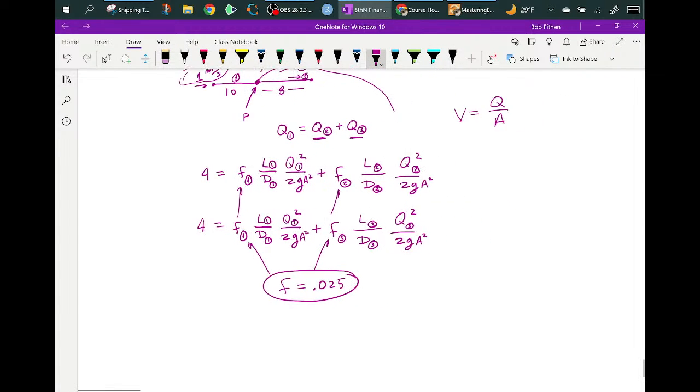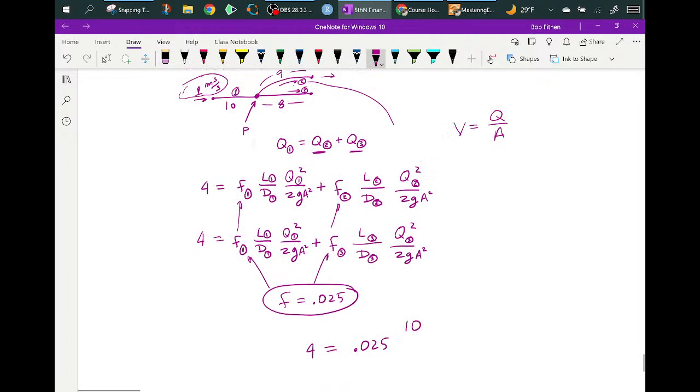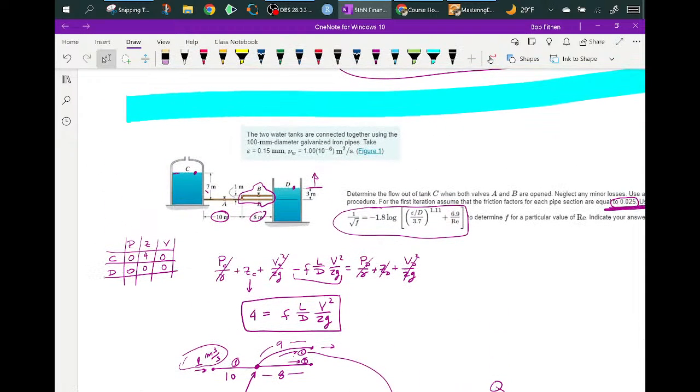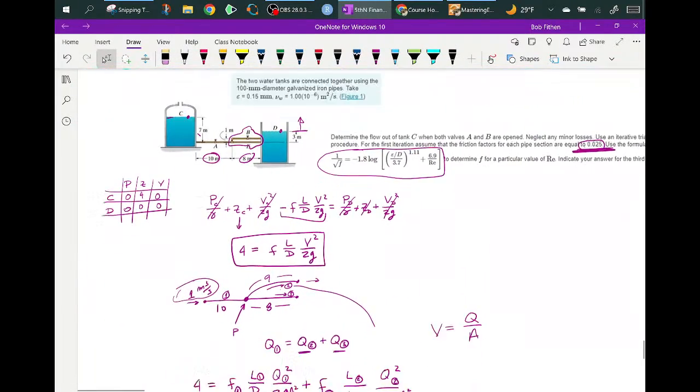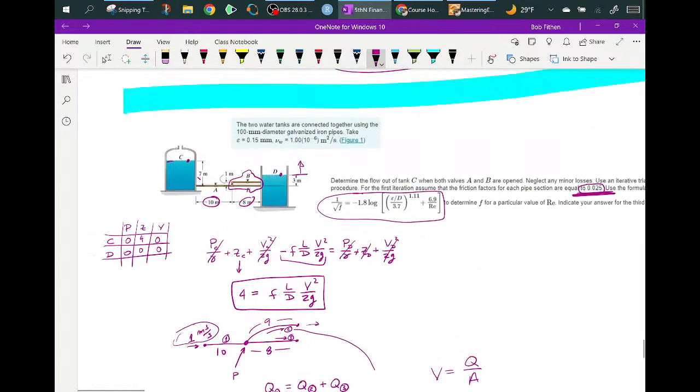Let me write this for the first equation. 0.025. The length of the first one is 10 meters. The diameter is the same for everybody, 100 millimeters, so I'll just do 0.1. And then you get Q1 squared over 9.81. Now I've got to come up with the area squared.